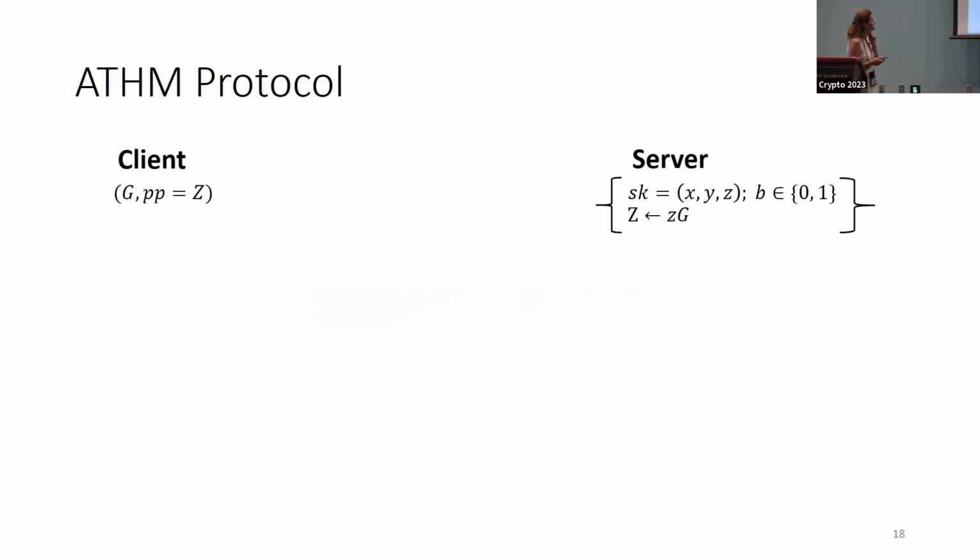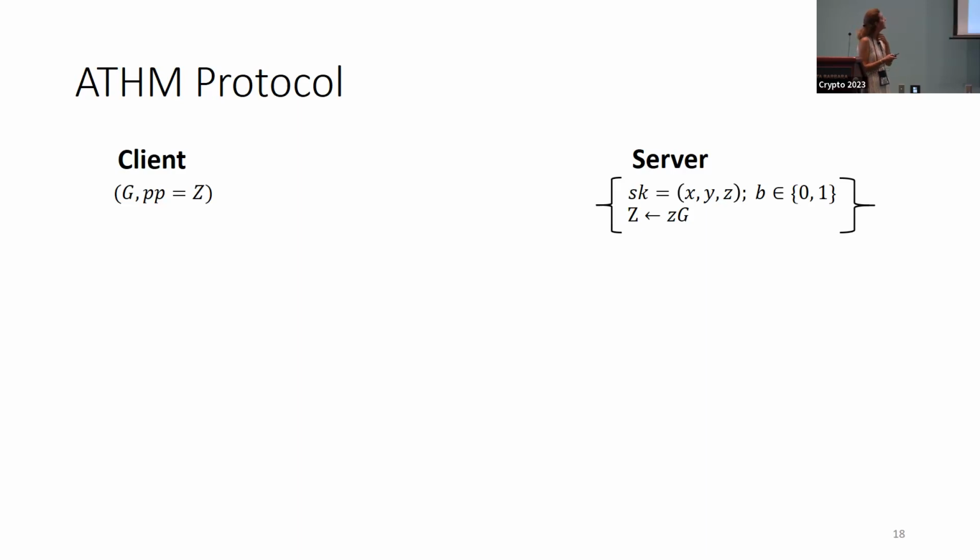So the protocol looks as follows. Now we have the secret key as the triplet XYZ, and the bit B, and only a public part is given. It's actually a little bit weird, but the capital Z is computed with the small z, the secret key of the server, multiplied by the generator G, and this is the only thing that will be given to the client. The other parts, the capital X and capital Y, will not be given.